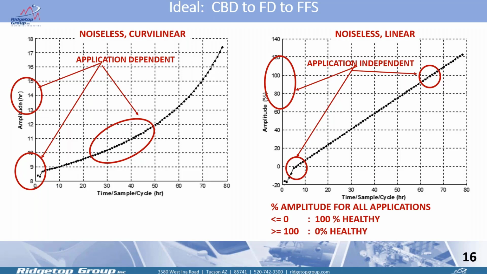So it's got a characteristic curve. What we really want to do is convert that curvilinear data to a linear change. Now, because now that's application independent. And that's the purpose of what we do when we change condition-based data to feature data, which is on the left, to functional failure signature, which is on the right.